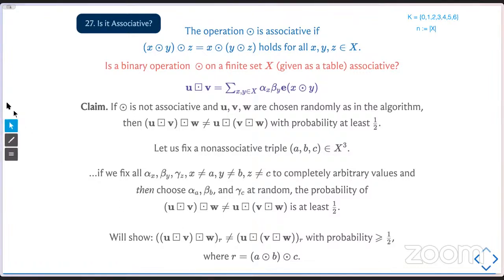So we are going to focus on this element here, which is given by the product of A, B, and C, or the circle product of A, B, and C, with the bracketing being A, B first and then C. So on this index, we are going to say that these entries are not going to be equal with probability at least half, which basically means that we have to understand what this looks like.